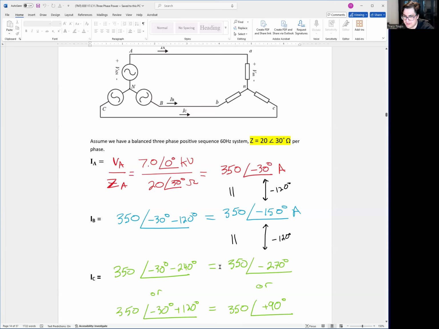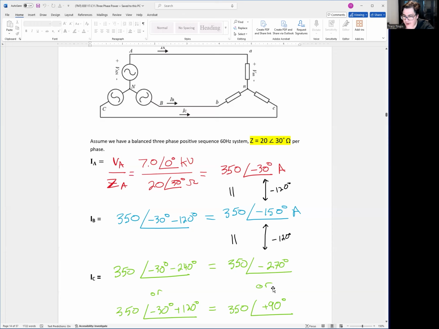So if you compare all three currents, notice that magnitudes are still equal, 350, 350, 350. But the phase angles have that negative 120 degree phase shift. Negative 30 subtract 120 is negative 150. Negative 150 subtract 120, you get negative 270.